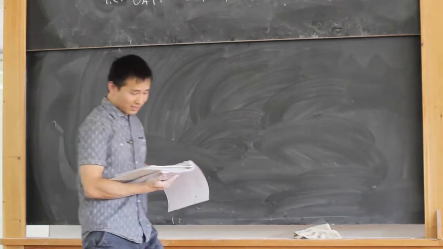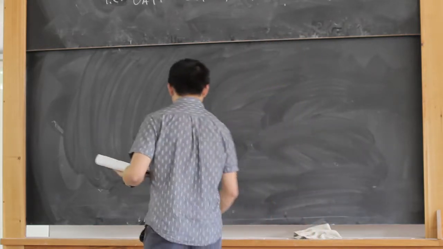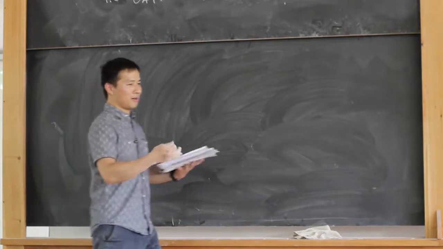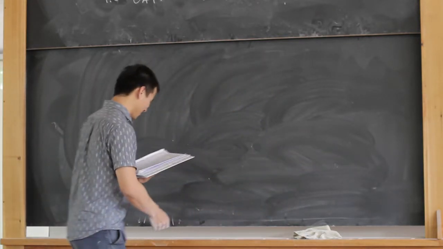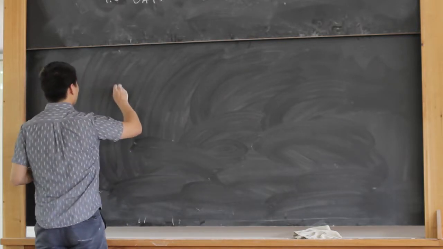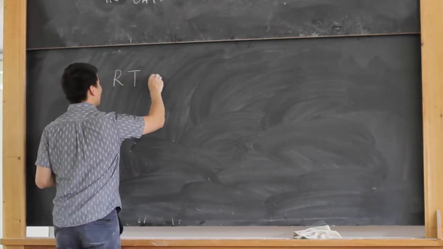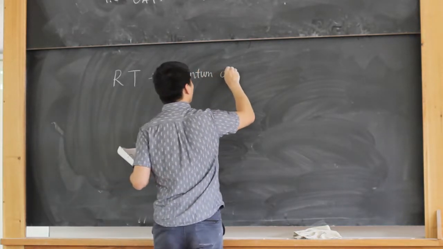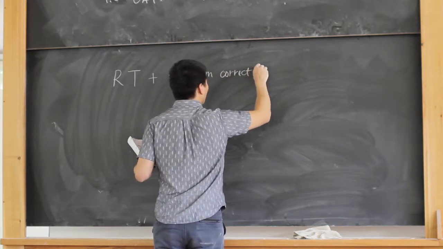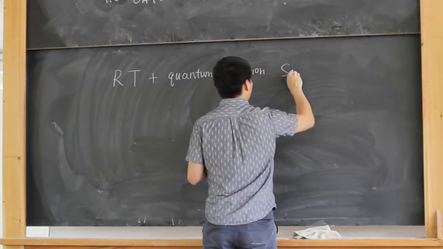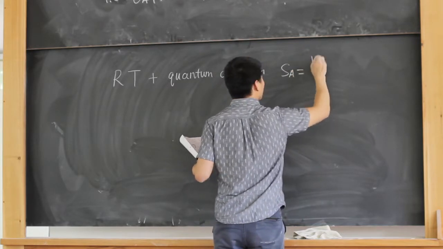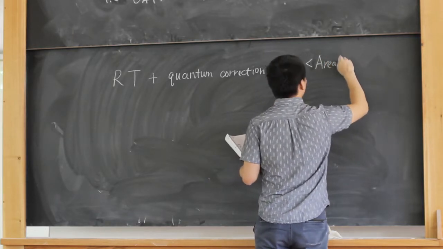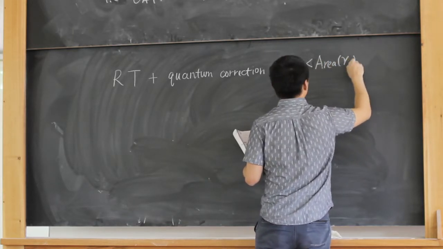So how do we understand this statement? Well, I'm not going to go into too much detail, but I'll draw a diagram to illustrate how this works. So we have to go back to the Ryu-Takayanagi formula refined by quantum corrections, where we wrote it down as S_A equals, and now it's useful to be more careful about the two terms that contribute.